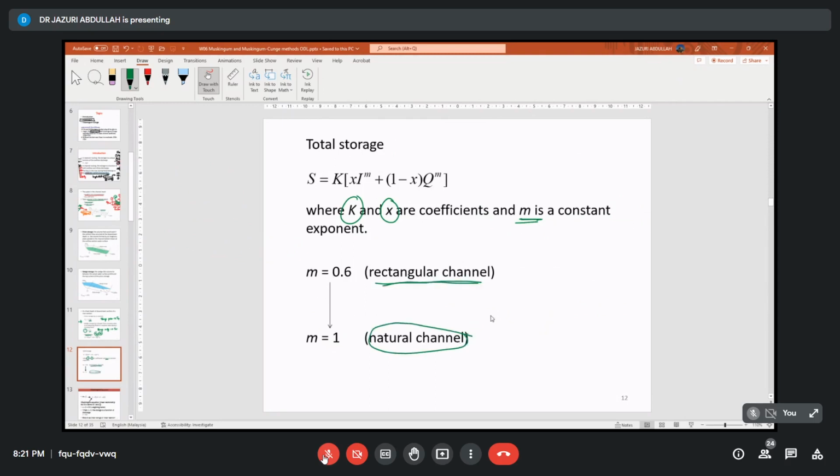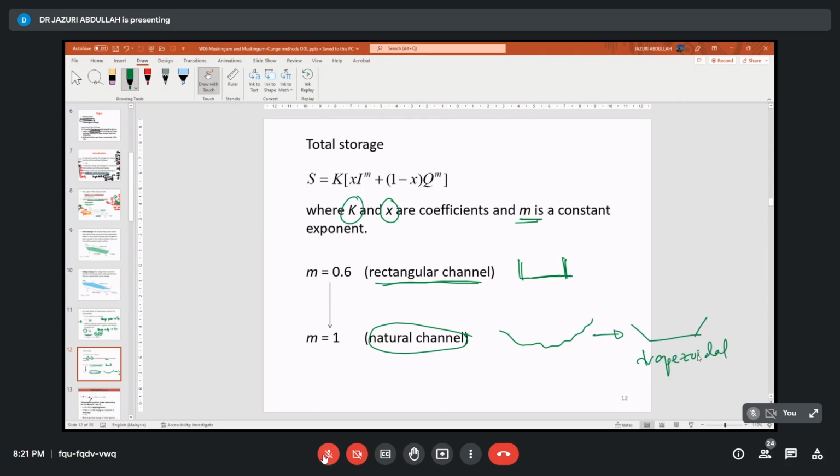Rectangular is as simple as a rectangular shape. The natural channel is basically irregular, so you simplify it into a trapezoidal. So this is the rectangular, and this is the trapezoidal.